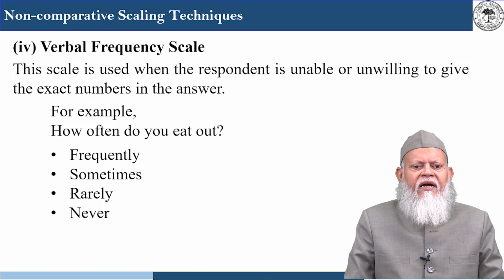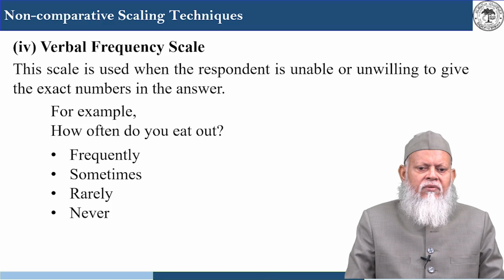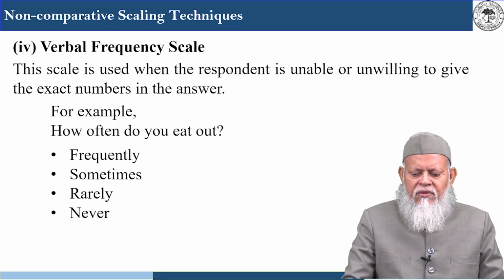If he cannot give answer in exact numbers, he can give like this. If we ask him, how often do you eat out? Then he says, frequently. He has been given the scale frequently, sometimes, rarely, never. So these are the scales on which one can always respond to the question of eating out.